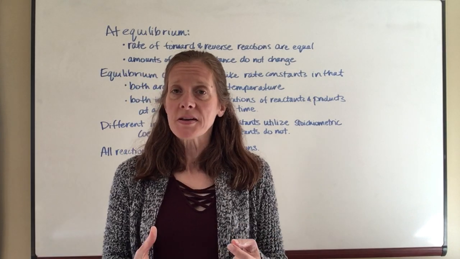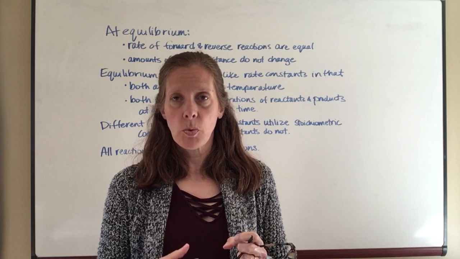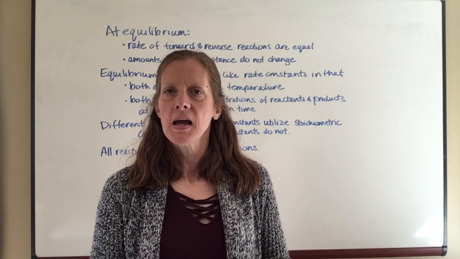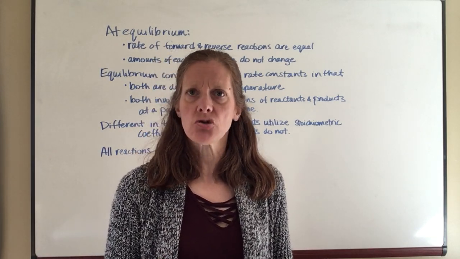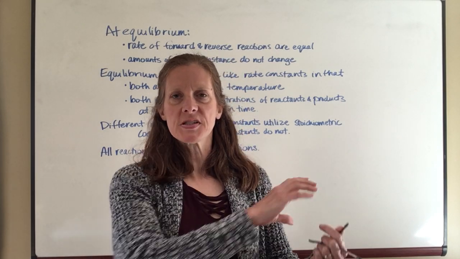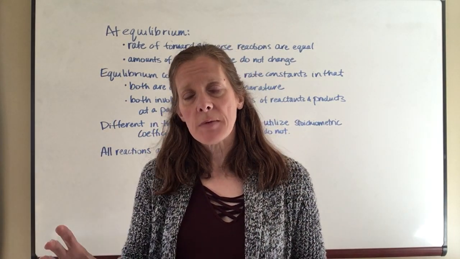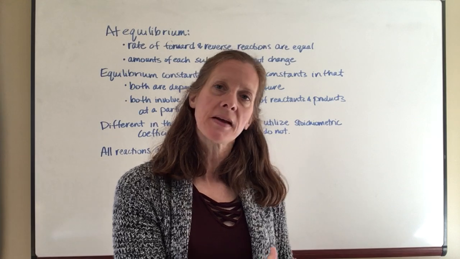And so it is very possible that some of those products will then collide in certain ways and turn back into reactants. Now that may seem a little strange, but that in reality is what happens. And so what happens is that you've got your reactants turning into products at the same time that you have your products turning back into reactants.